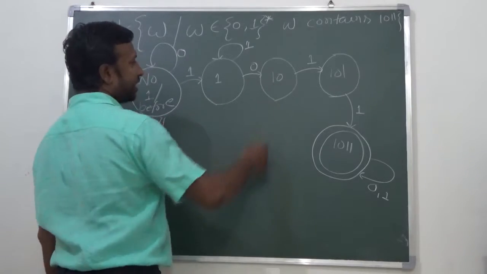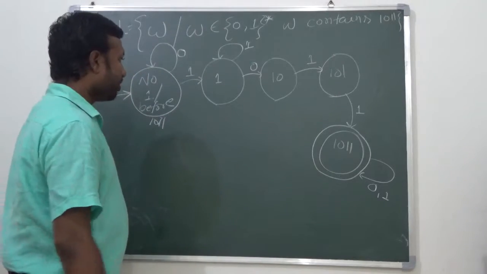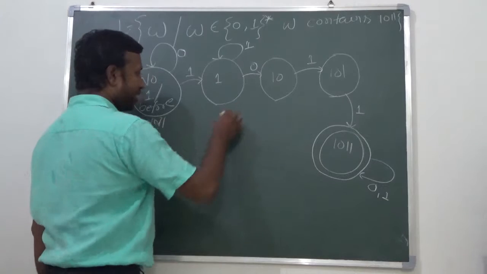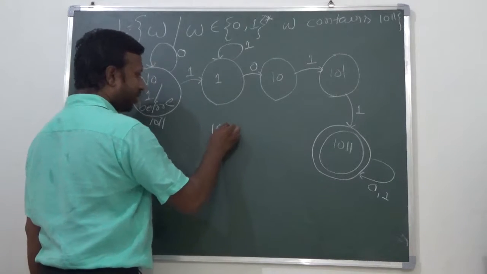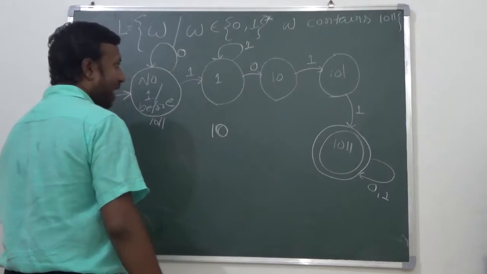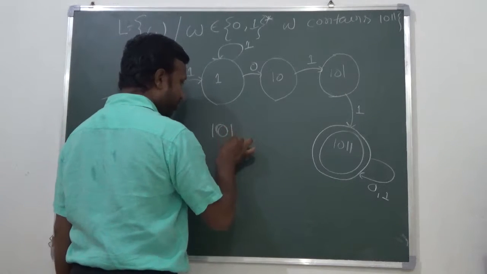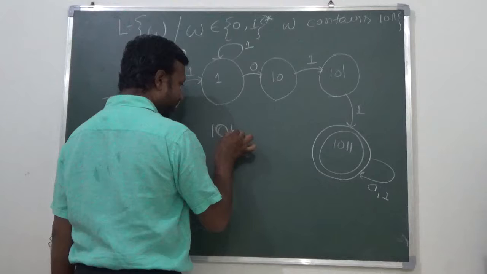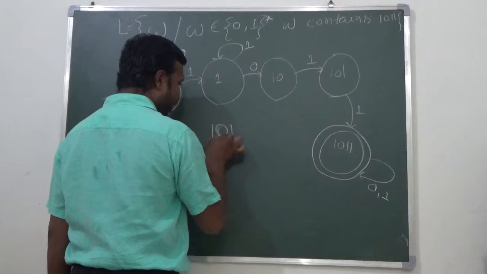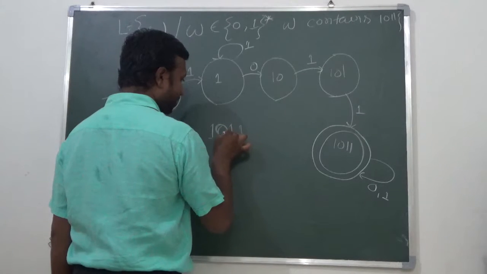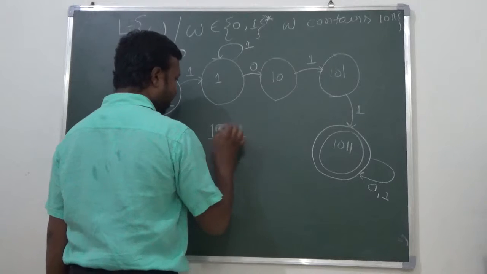Then from this state, what if I get a 0? Now let's analyze. I have already seen 1, 0, and it is required to get 1, 0, 1, 1. After the 0, it is required to get a 1 to build up the entire string 1011.